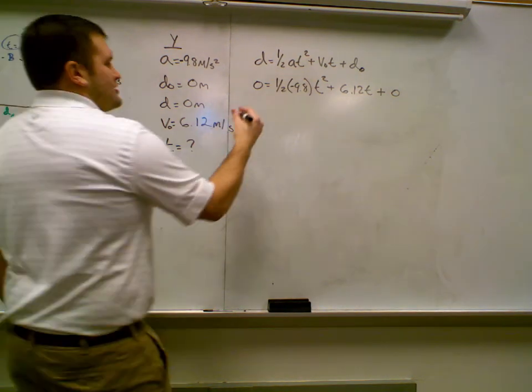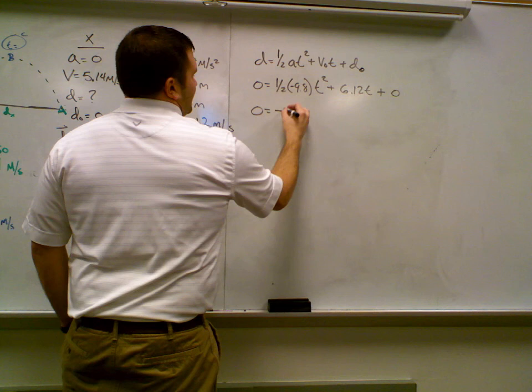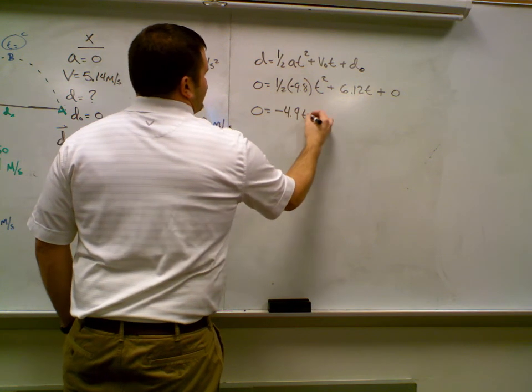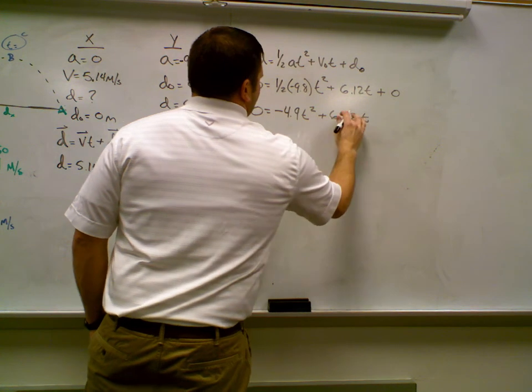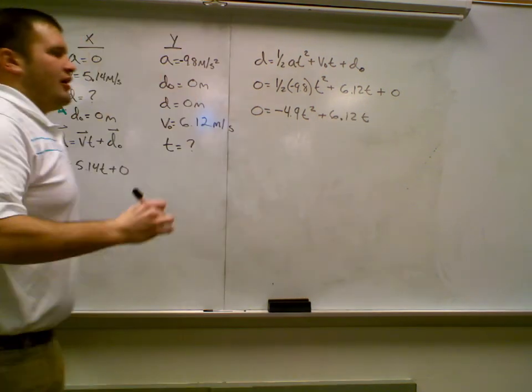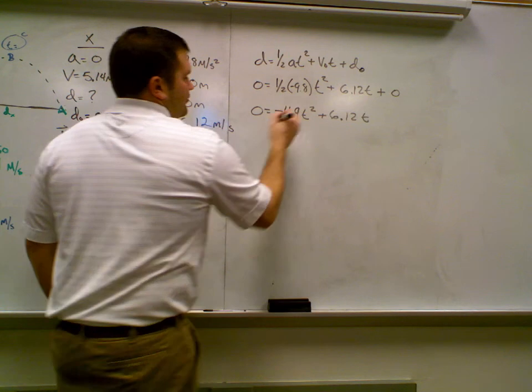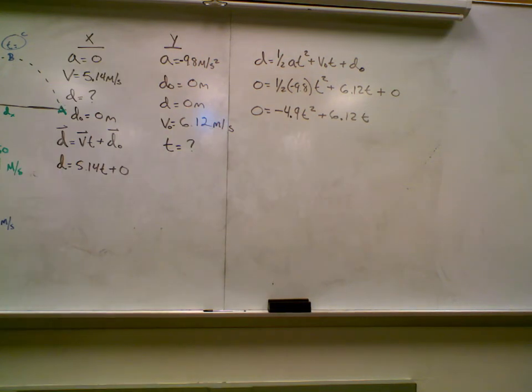1/2 times negative 9.8, what's that? Negative 4.9. Right? Does that make sense? I don't need to add the 0 anymore because adding 0 to anything gets you right back.